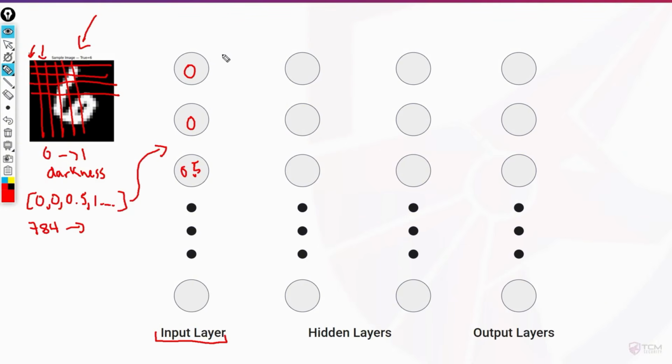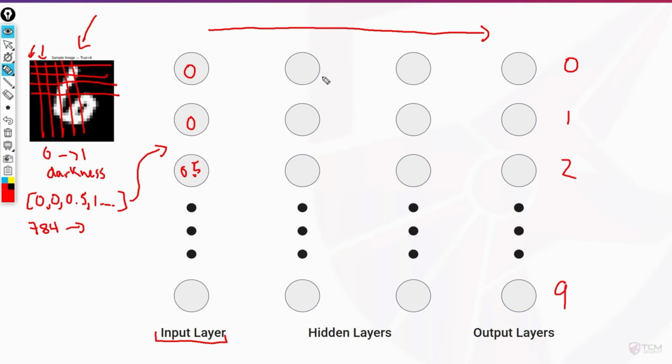Then this data is going to traverse across the hidden layers and into the output layer. We're going to have neurons in the output that represent what we want to classify. This one, for example, would be 0, this one would be 1, 2, all the way down to 9.